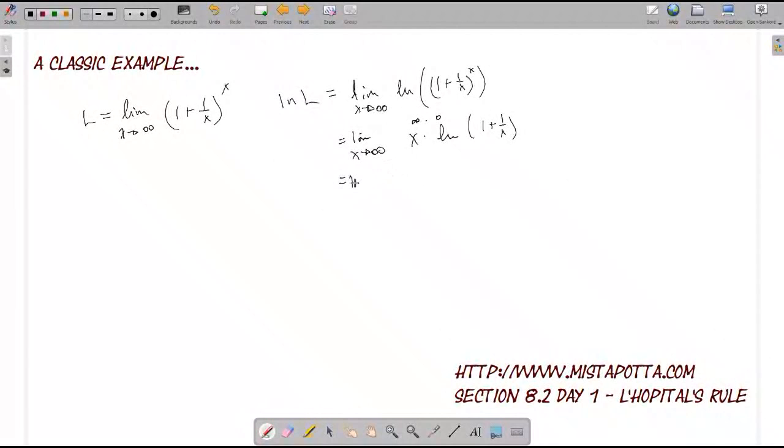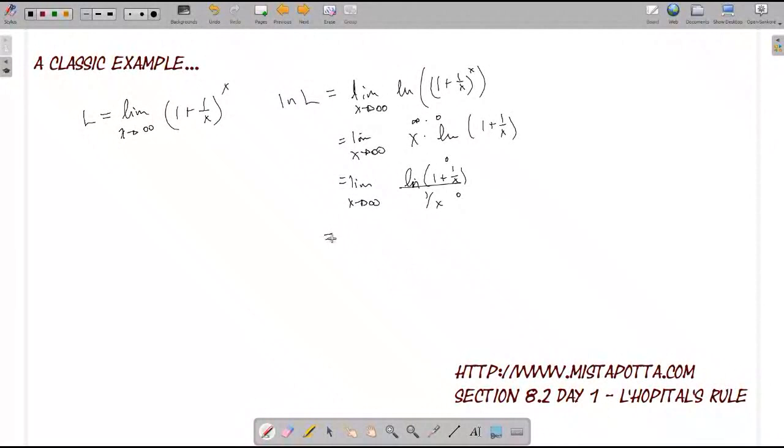So I can do that by rewriting this x as 1 over x in the denominator, because dividing by a fraction means we multiply by the reciprocal. So I've got the natural log of 1 plus 1 over x in the numerator, and I've got a 0 over 0 situation when I try and substitute. So L'Hopital's is a wonderful approach here.